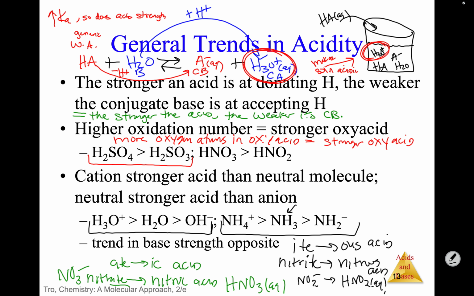Opposite for base: the anion is the strongest base. The anion is a stronger base than the neutral, and the neutral is a stronger base than the cation. In this case, we know that the cation is actually acidic, and the neutral is definitely more basic. Did that answer your question? Great. Any other questions before we go to the next slide? Okay.